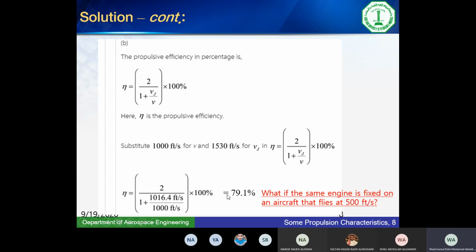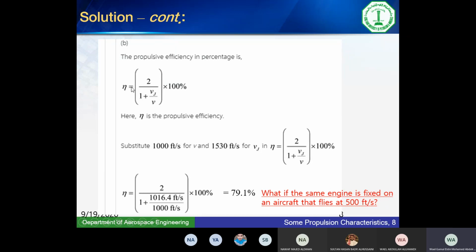It gives me good efficiency here. But if the speed becomes low, then the efficiency of the turbojet will go down. It will still give you the thrust, but at a lower efficiency. So it would not be wise to put a turbojet on a slow aircraft. Maybe if we use a turboprop, for a speed of 500 feet per second, then it will have very good efficiency.